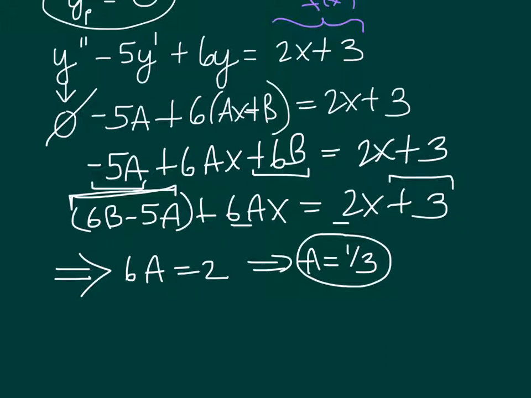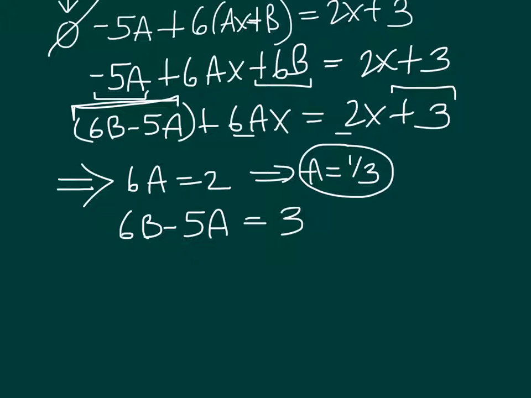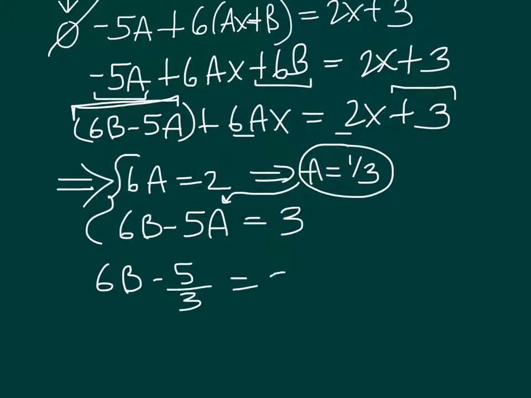So we have 6b minus 5a equals 3. This is really just a system of linear equations. But we already found a, so we can just substitute it back. So we have 6b minus 5 times 1/3, which is 5/3, equals 3.